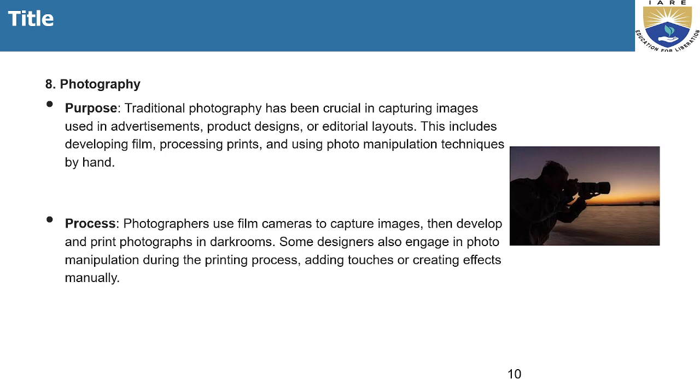Process: photography uses film cameras to capture images, then develops and prints photographs in a darkroom. Some designers also engage in photo manipulation during the printing process, adding touches and creating effects manually.